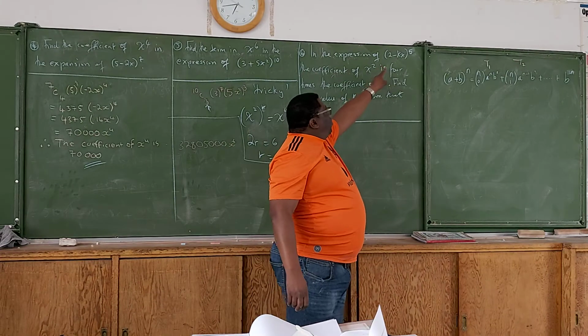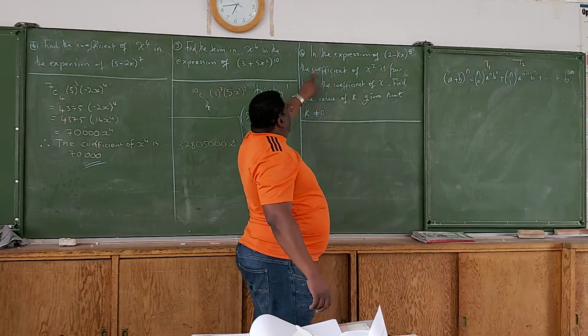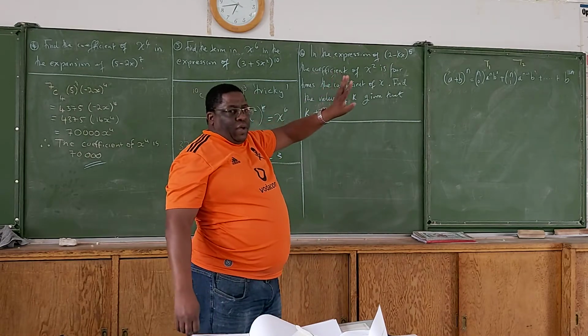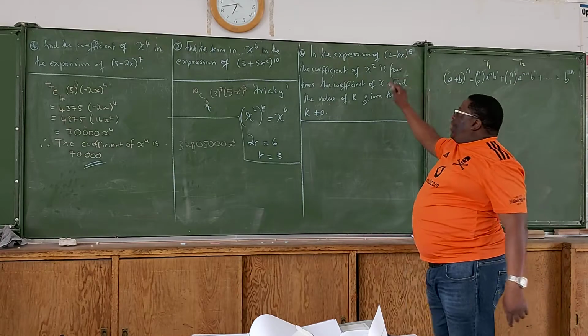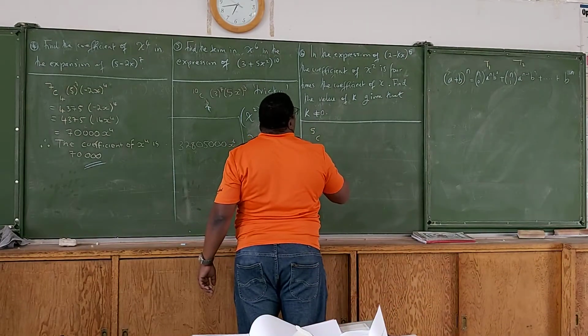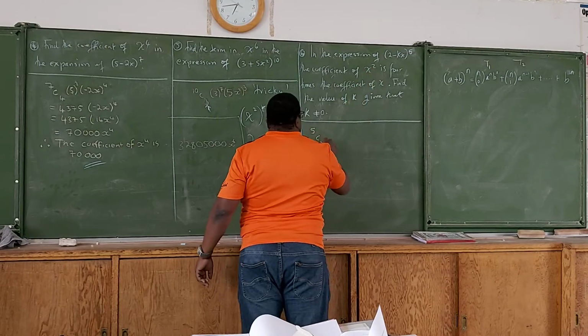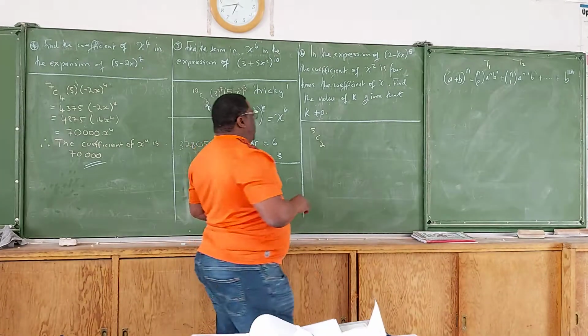In the expression (2 minus kx) all raised to the power 5, the coefficient of x squared. Now, I don't have a problem because there's nothing on this, right? So I can go ahead and say, wait a minute, 5C2.